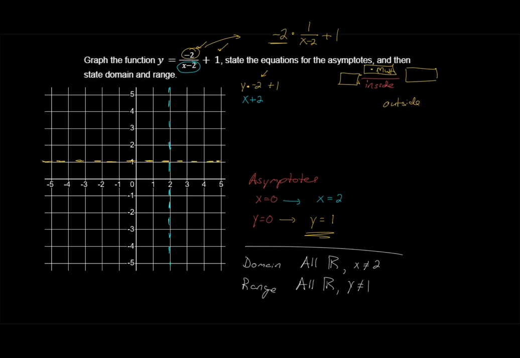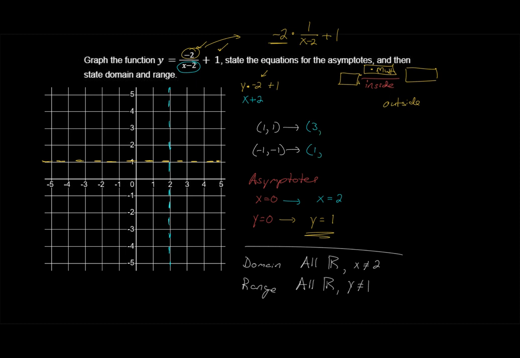Now, it helps to have some extra points to figure out the exact shape, and as we saw earlier, the graph of the parent function goes to the point 1, 1, and negative 1, negative 1. I know because of my transformations, we're going to be adding 2 to x, meaning it's going to be 3 and positive 1.